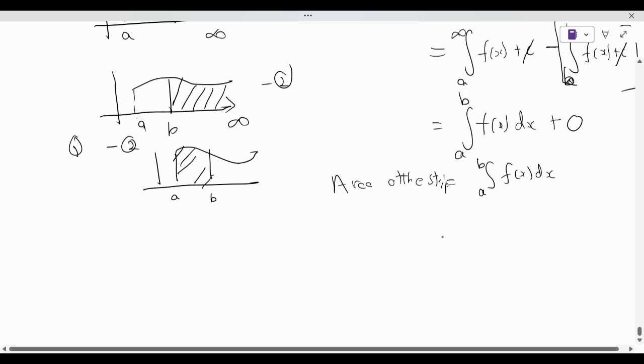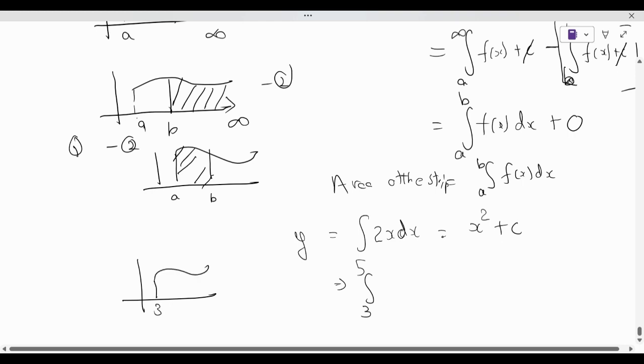Remember, whenever we integrate, let's say 2x dx, we usually write it as x square plus c. But in a definite integral, when it is like 3 to 5, if you have a curve that starts from 3 and ends at 5, integral 3 to 5 of f of x dx, we will not write the additive constant. This c will not be written.